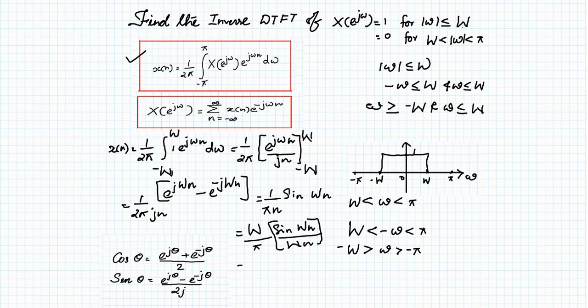So it becomes w by pi sinc wn. So this will be your final answer, and the waveform will be like this.